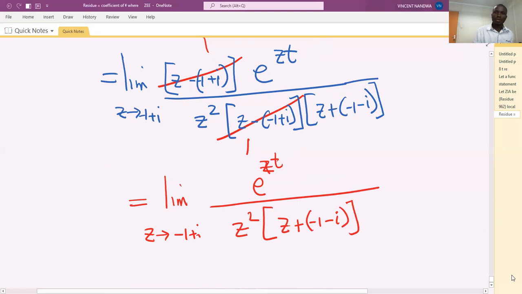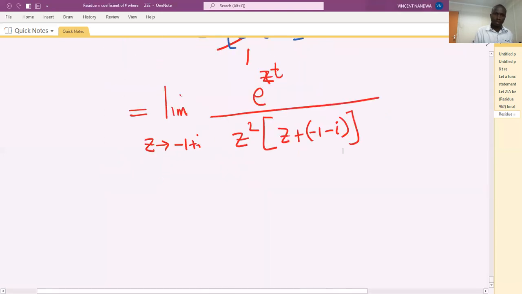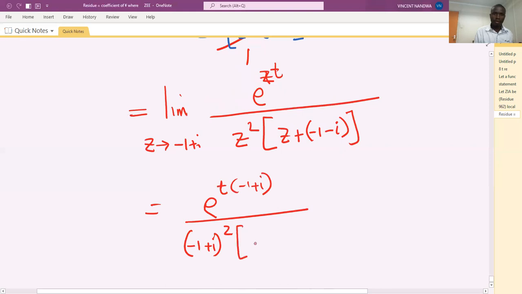Now direct substitution will give us e raised power t into minus 1 plus i over minus 1 plus i squared into minus 1 plus i, then just minus 1 minus i.